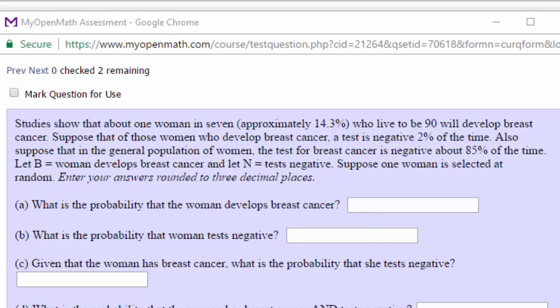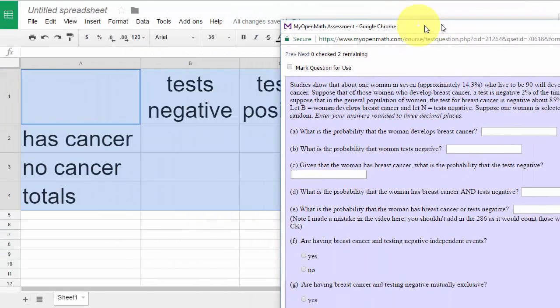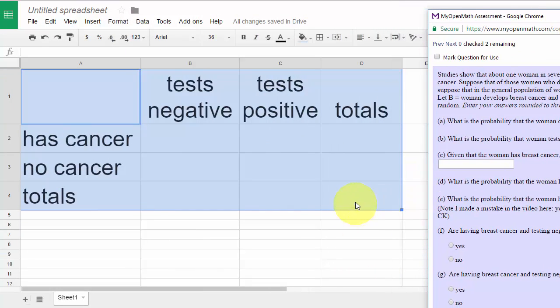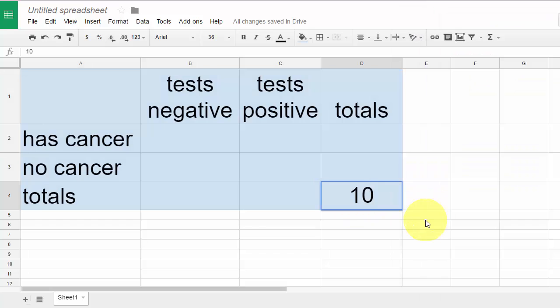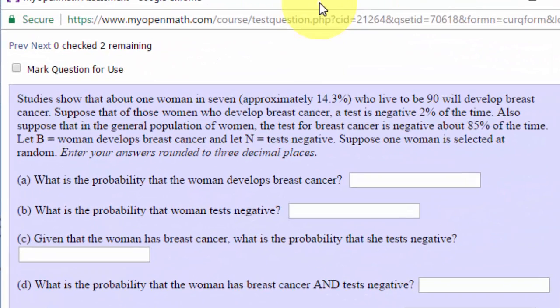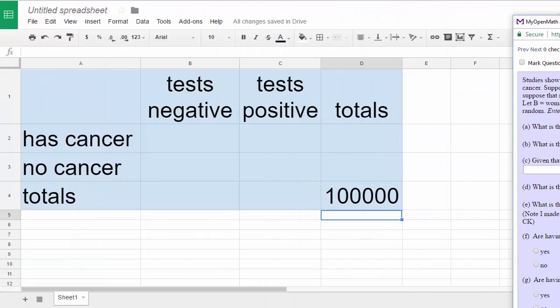So I'm going to use a spreadsheet to organize the information that we have here, and I'm going to give myself 100,000 women. Okay, and then the first thing it says is that 14.3% will develop breast cancer. So I'm organized here into have cancer, doesn't have it, tests negative for cancer, or tests positive.